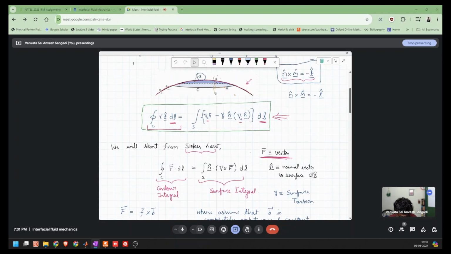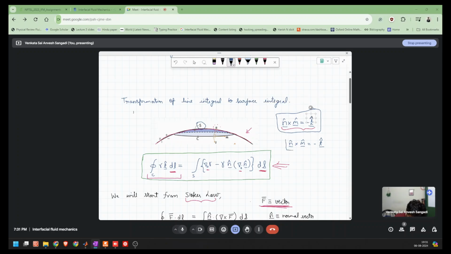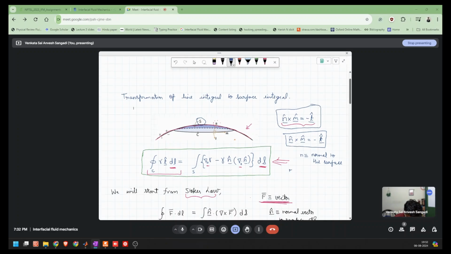So we know a priori that n cross m is equal to minus t hat, where n is the normal to the surface, and m hat and t hat are the tangents to the surface.